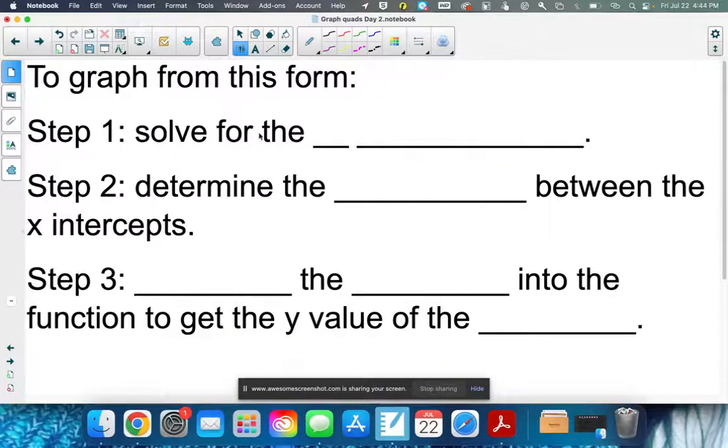Step 1, we are going to solve for the x-intercepts. Very easy. Then you are going to determine the midpoint between them. Where is your halfway point between those two x-intercepts?